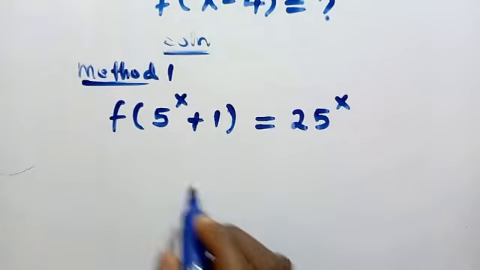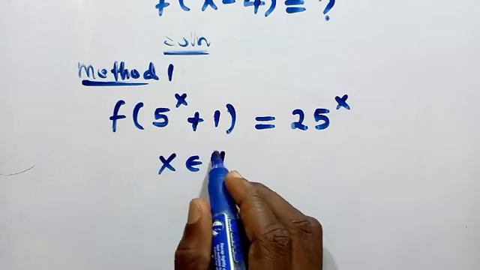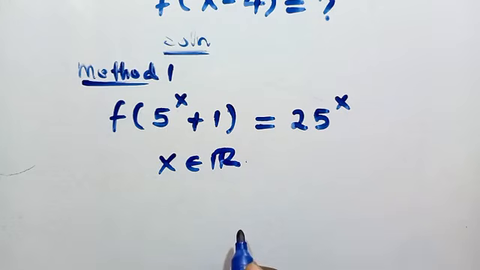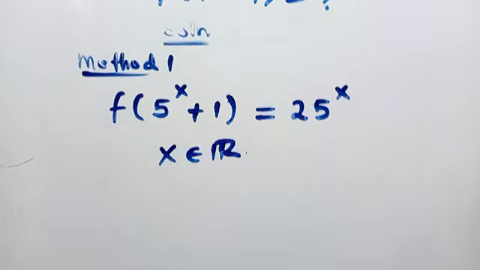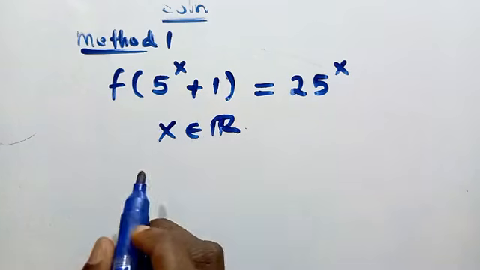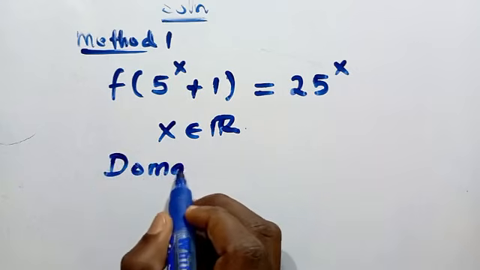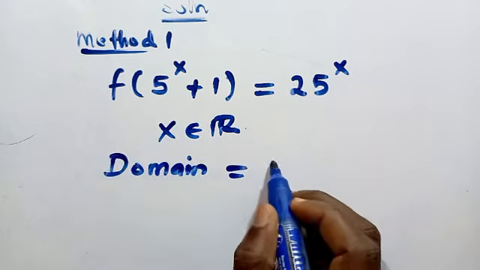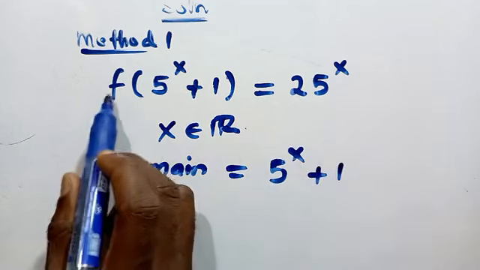The first thing to note is that x is a member of the real numbers, that is, any value we get will satisfy the real numbers for x. Then our domain here is 5 power of x plus 1. So that is the domain of this function.